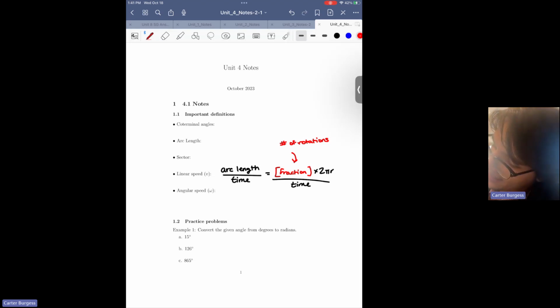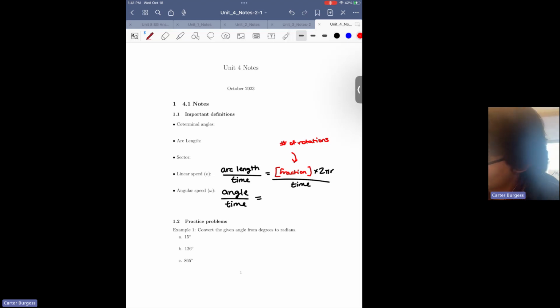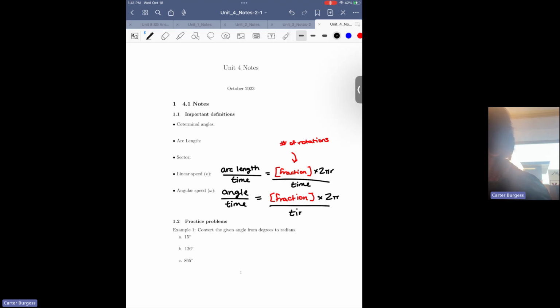So we could think about angular speed as the angle per time, which is the same as, we're again going to say our fraction, times either 360 if we wanted degrees, but really for this, we're going to be looking at radians pretty much exclusively. In fact, we're going to be phasing out degrees as we go.